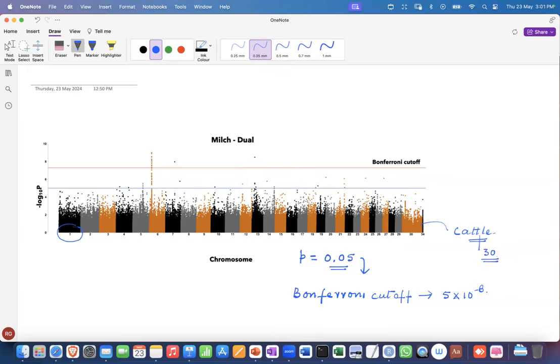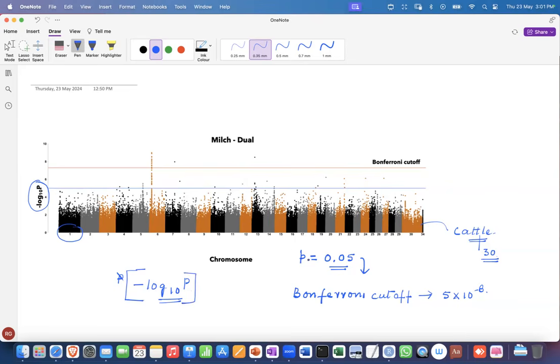Now, these dots are all SNPs based on their significance. You see the probability here based on the significance. Now, what did I do? I converted the probability value that we have got into a minus log 10 p.